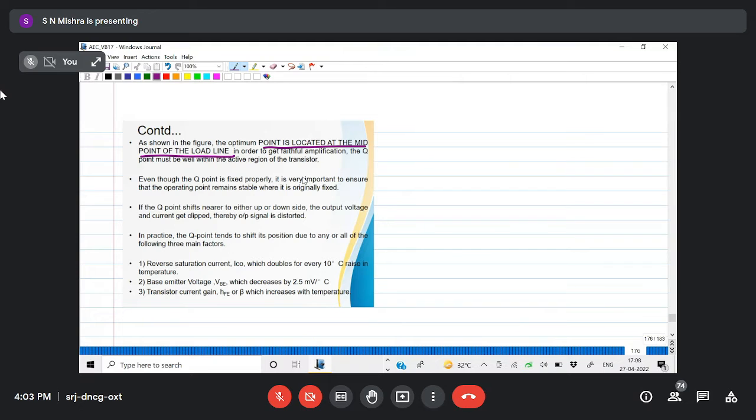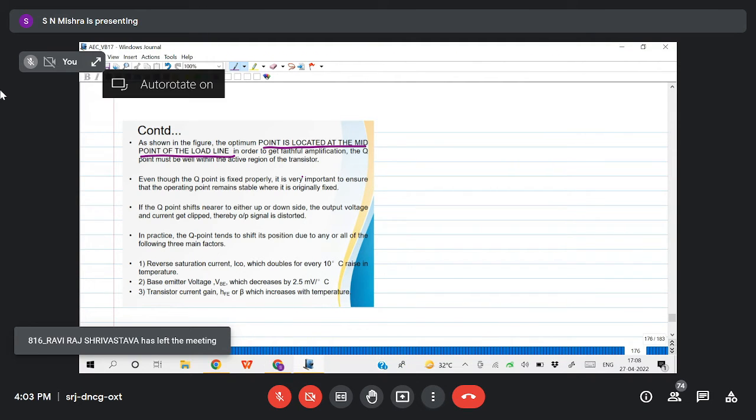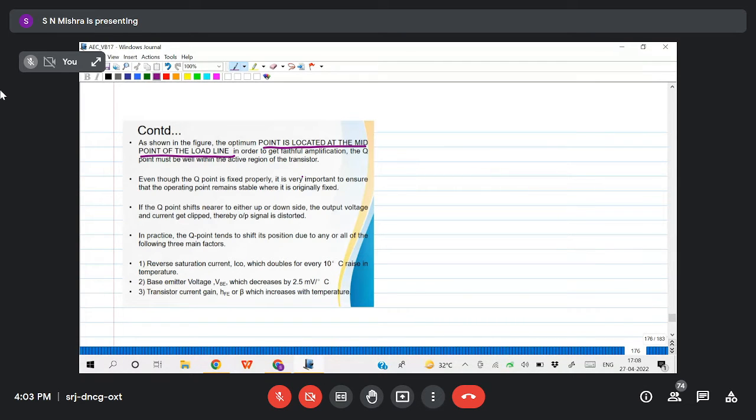Okay. So what happens, if you remember in the diode chapter, I have told you the leakage current depends upon temperature, as well as the junction voltage also depends upon the temperature. So these two things we'll discuss here. So what is written here?